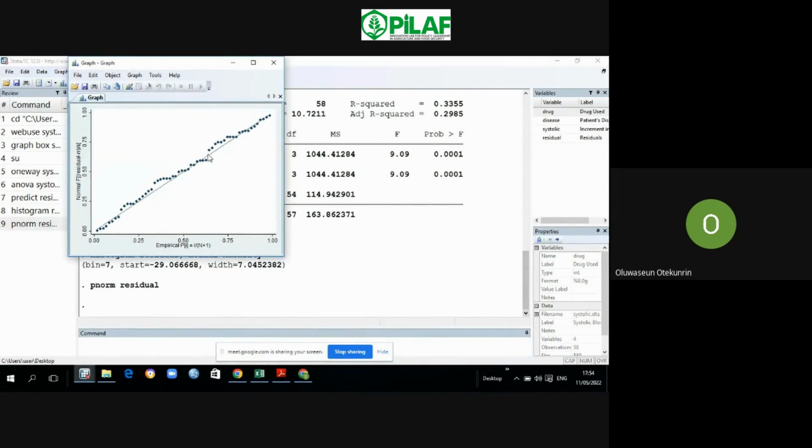No point is standing aloof. Based on that, what we can finally conclude on the issue of outliers is that the outlier we have there is not significant. It cannot bias the outcome of our investigations based on these PP plots.